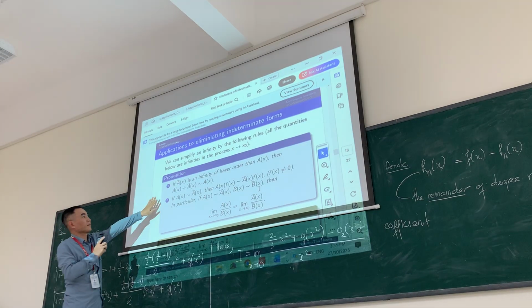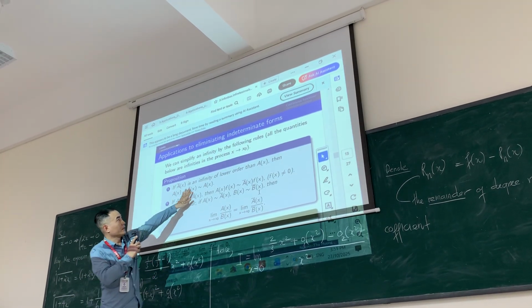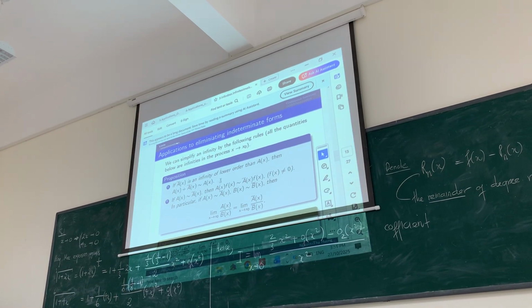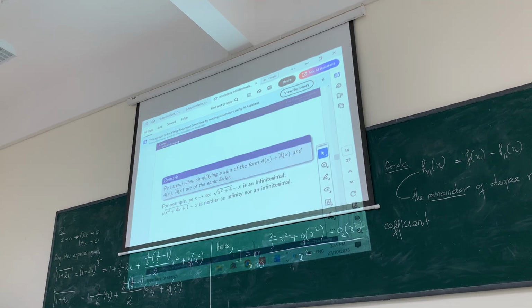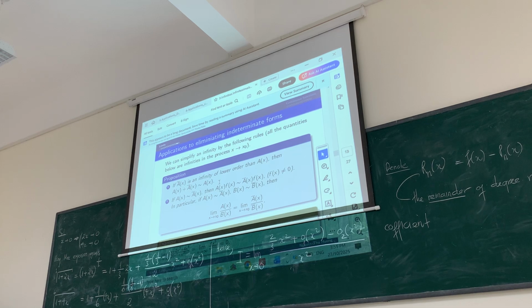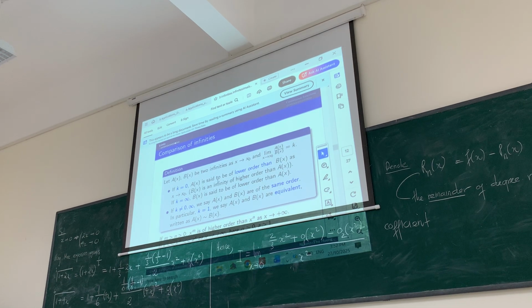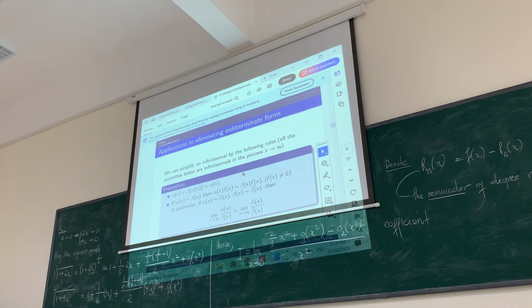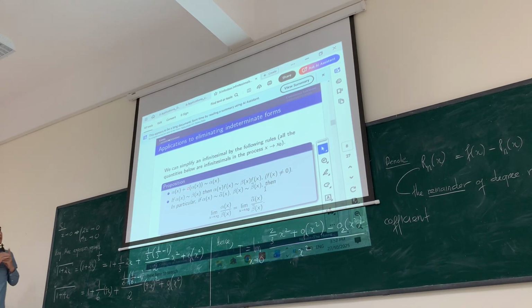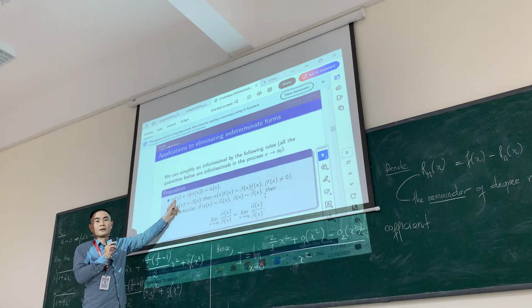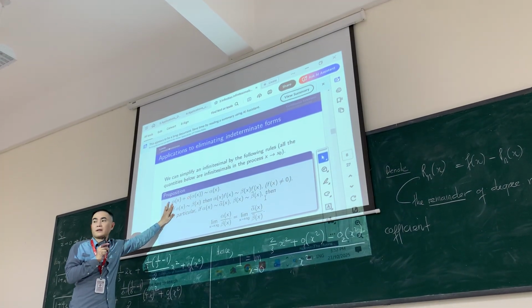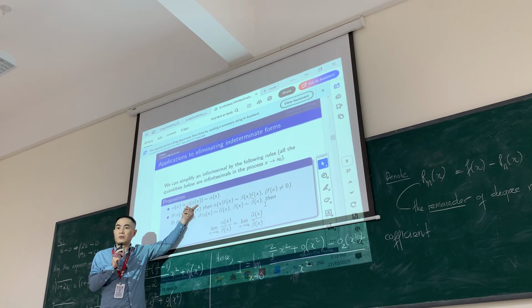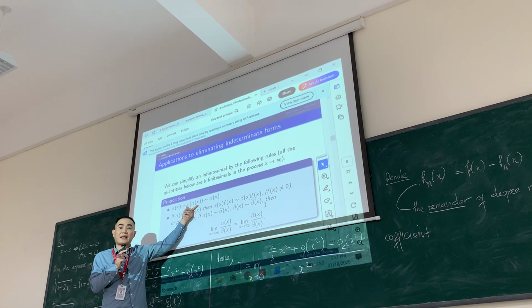Little o of alpha represents an infinitesimal of higher order than alpha.